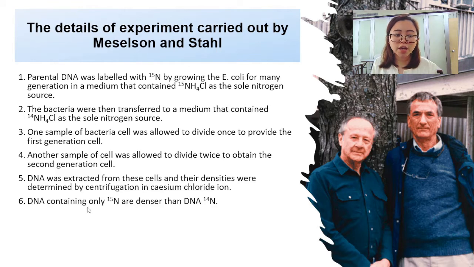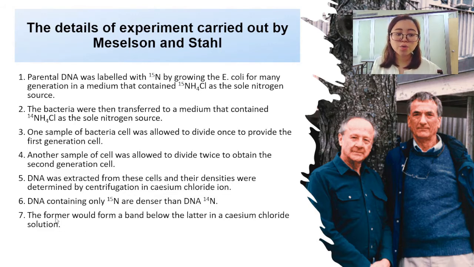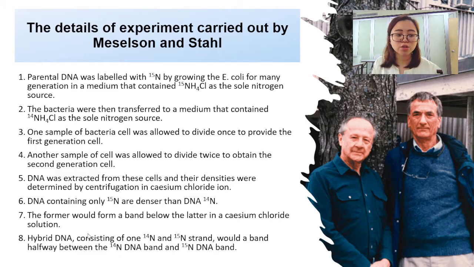If the DNA contains only 15N nitrogens, then they are denser or heavier compared to DNA that have 14N. So, DNA with 15N, the former, would form a band below the latter, which is DNA with 14N, in cesium chloride solution.